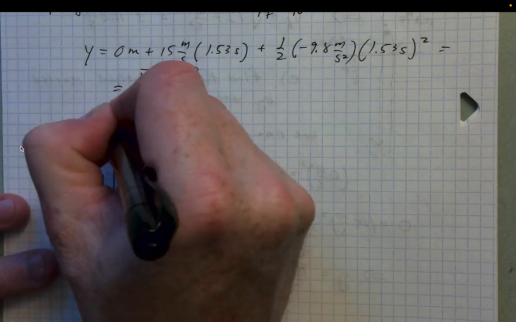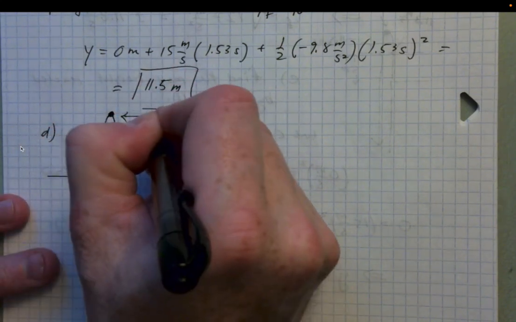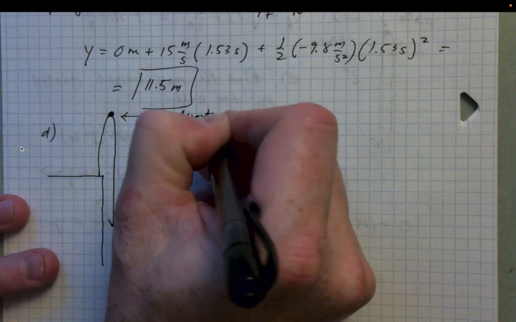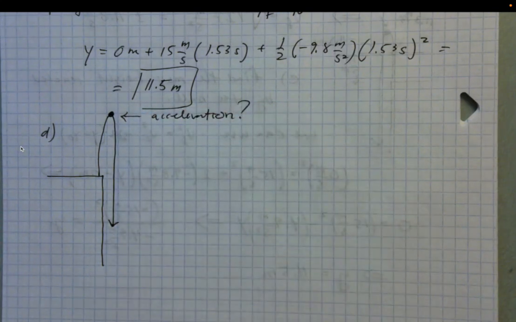All right, so what is the acceleration here? Well, this is kind of a trick question, right? The previous part C, we discussed how at this highest point the velocity is equal to 0. But what about the acceleration? What's the acceleration at the top of the ball's trajectory?